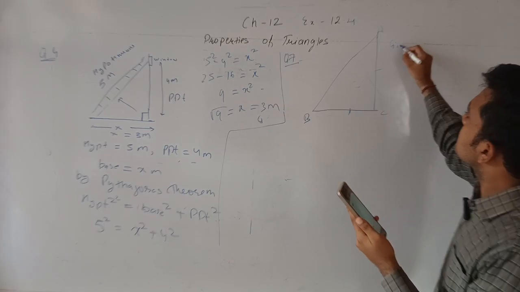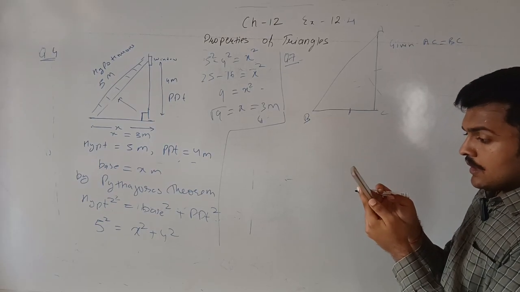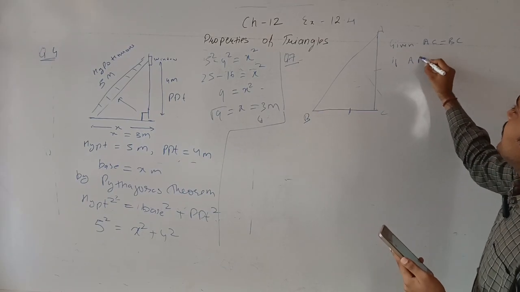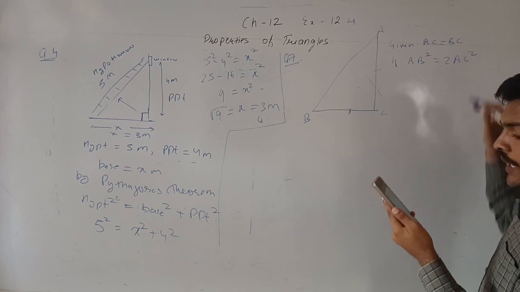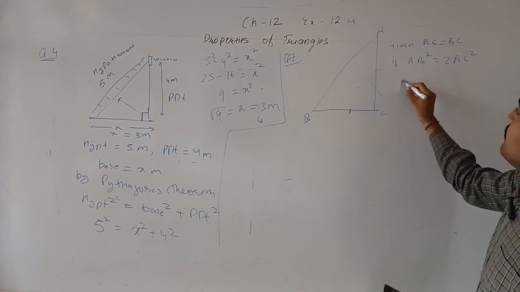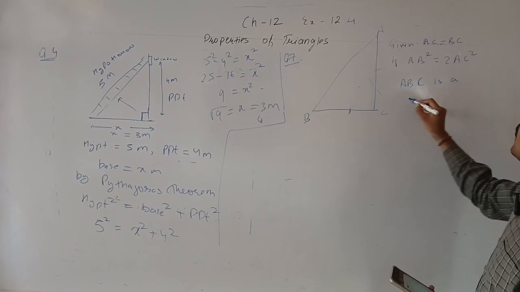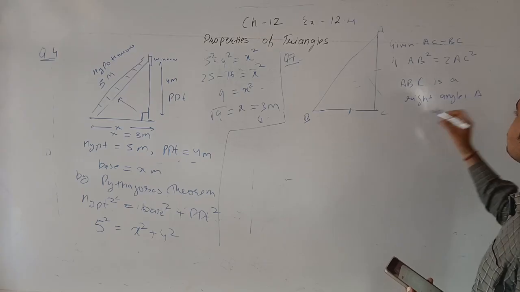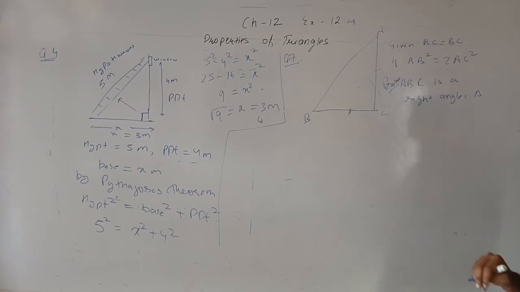AC is equal to BC, given. If AB squared is equal to 2 times AC squared, then we have to prove that triangle ABC is a right angled triangle.